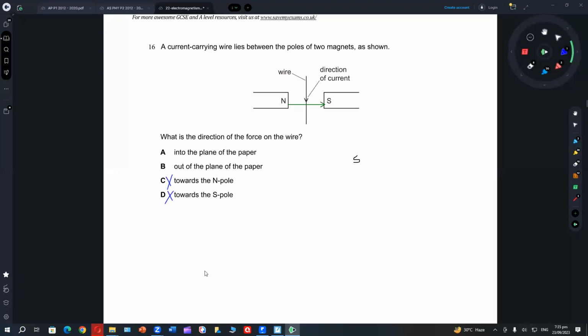So the force is coming into the plane of the paper. Okay, so then we can go on to the next question.